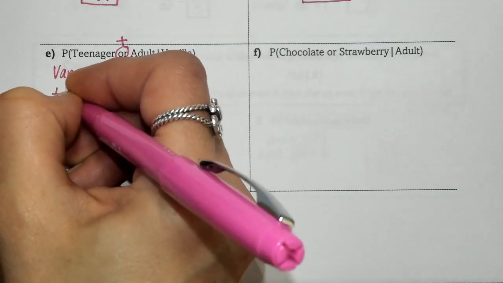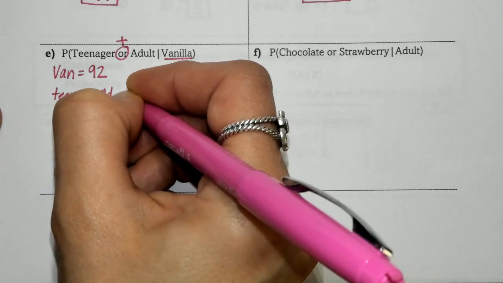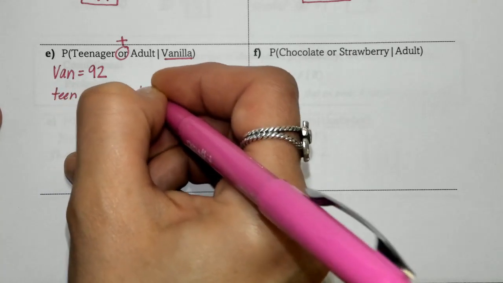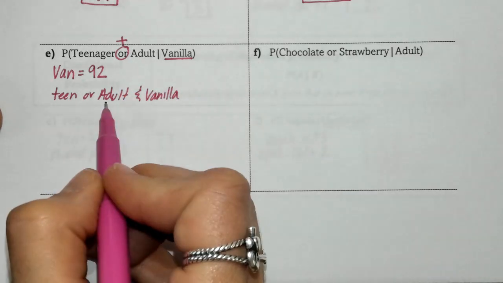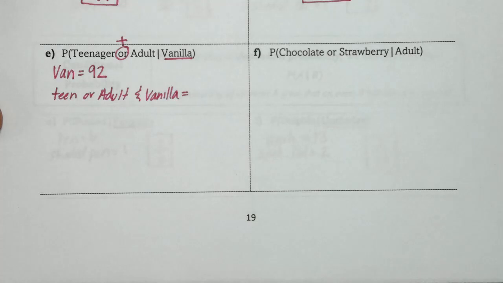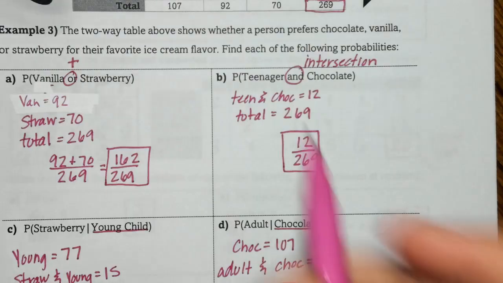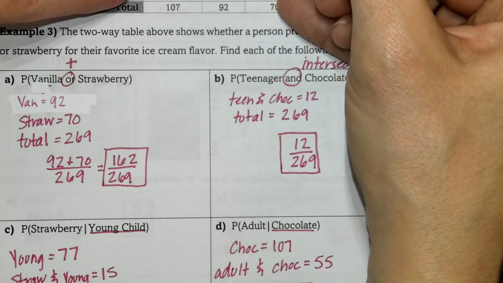So we have teen or adult and also vanilla. So we're looking at teen or adult added together that like the vanilla. So here we have teen and vanilla, teenager and vanilla.